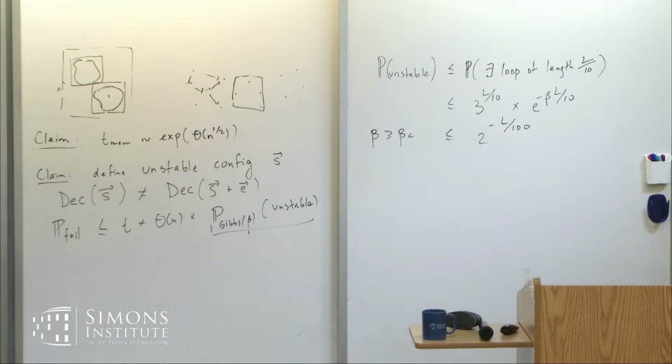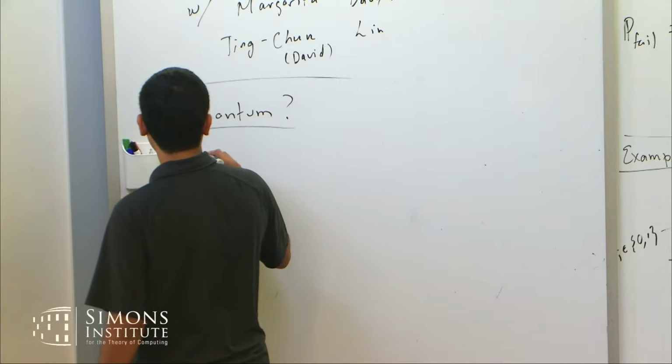Okay, but I want to get to the title of the talk, which is what is a quantum self-correcting memory. So now, instead of dealing with some energy function as in the classical case, we're dealing with a quantum Hamiltonian.